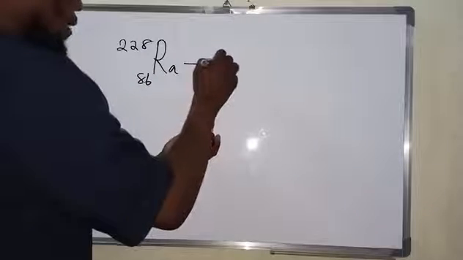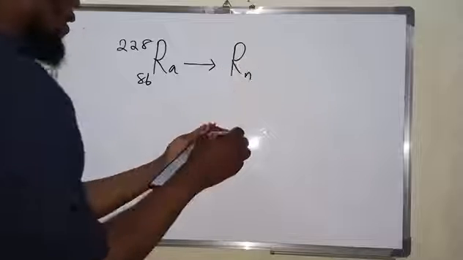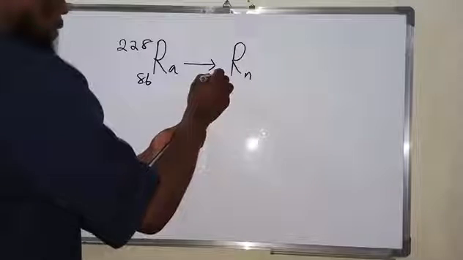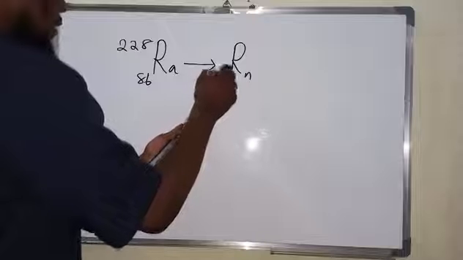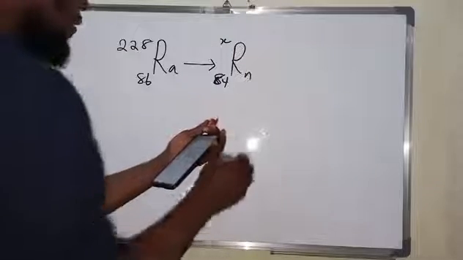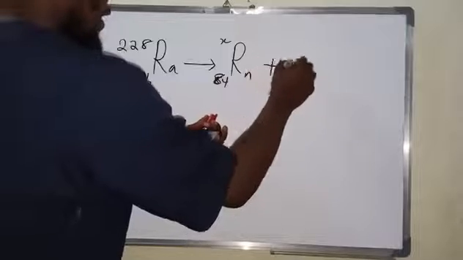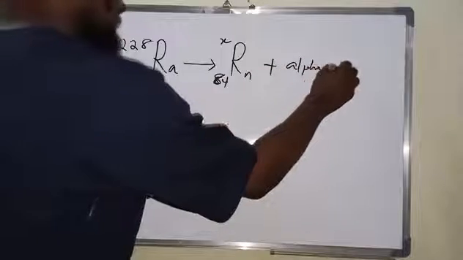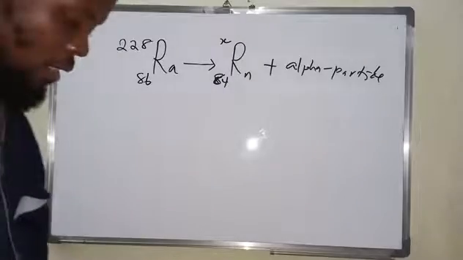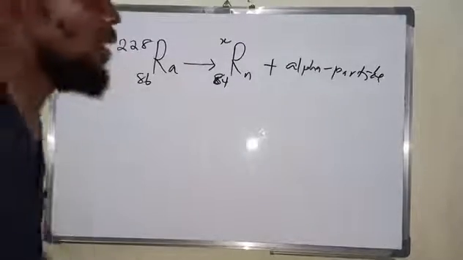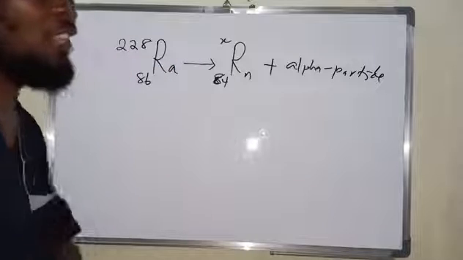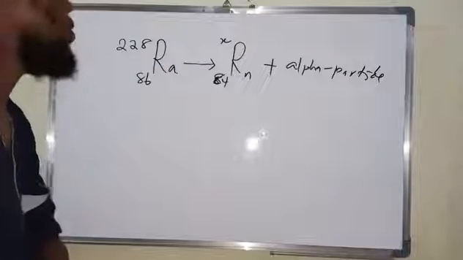Then giving radon of 24, I think, and X, with an alpha particle. So this is a kind of radioactive decay, an alpha decay, in radioactivity or nuclear chemistry.